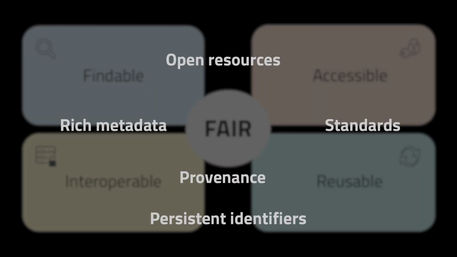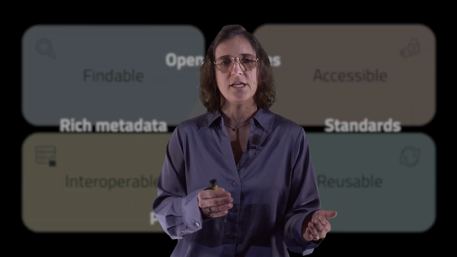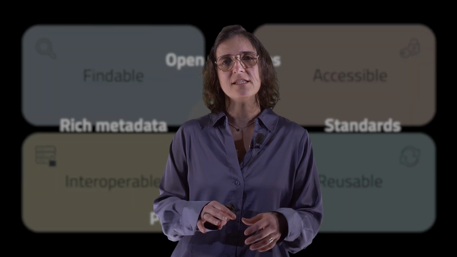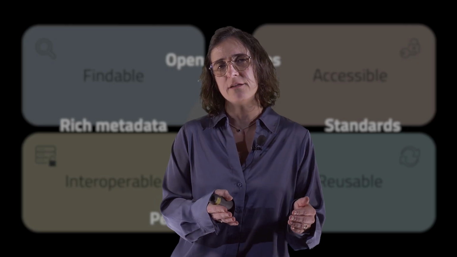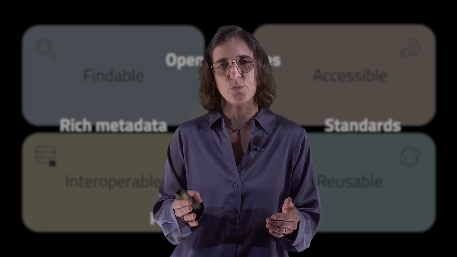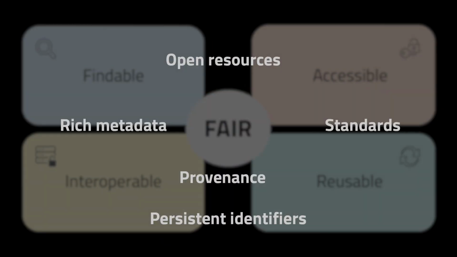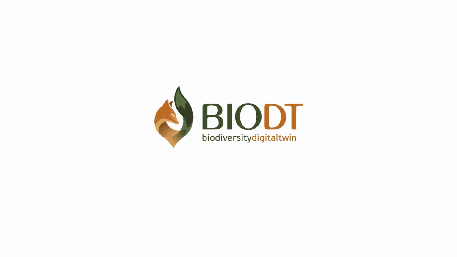We need to be able to link the data and metadata to the people, to the methods, to what has been done in order to collect it. And this data needs to be shared following community standards so that we can understand it and interpret it, even by machines. And then we need linking. We need persistent identifiers that can connect the information between the different data types.